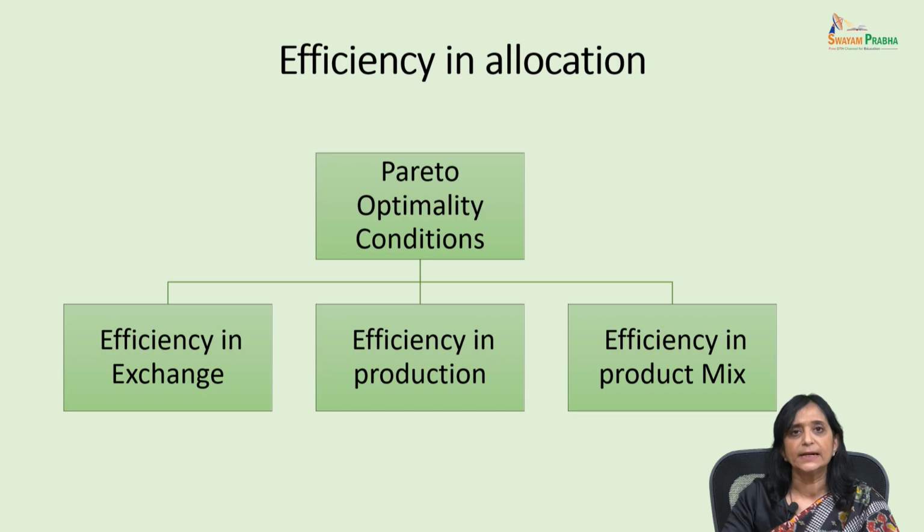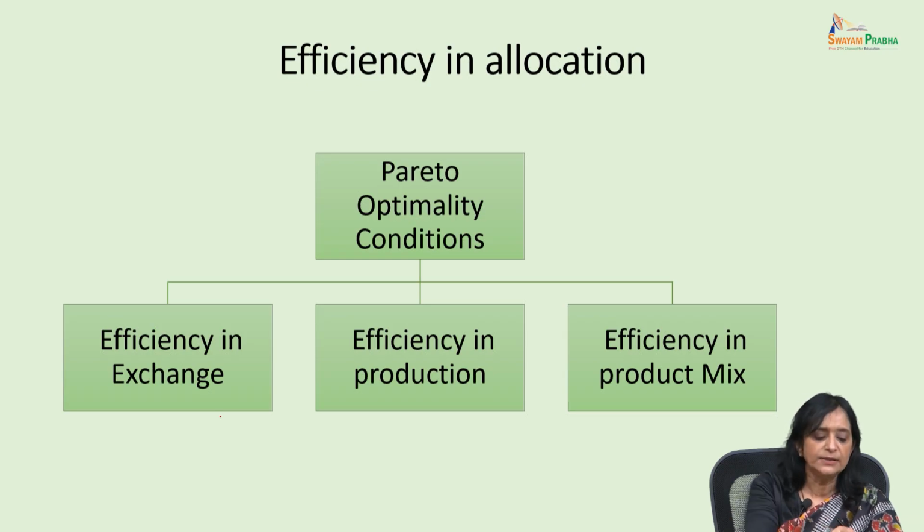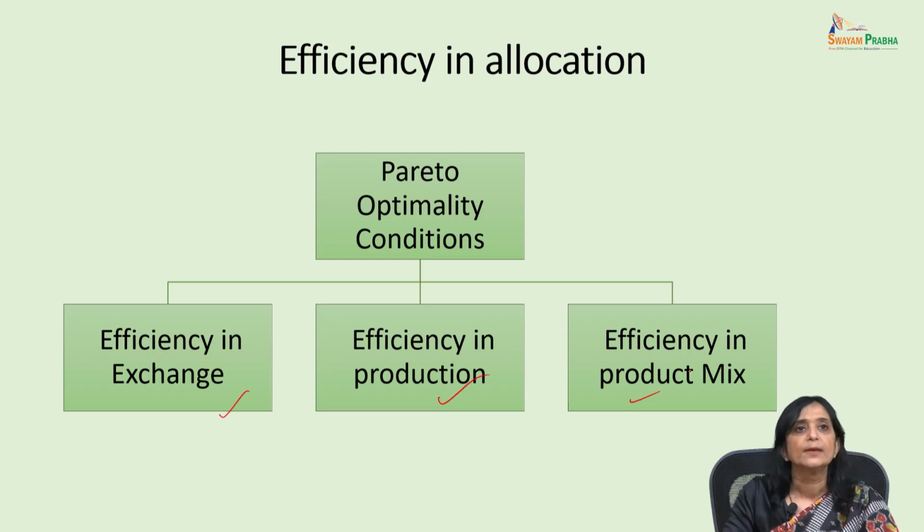Pareto optimality conditions are in three groups. One is efficiency in exchange, which is concerned with efficiency in consumption, wherein we are taking the situation of consumers, let us say consumer A and consumer B, and then we will be understanding their utility from consumption of various goods. Then we have another efficiency, which is efficiency in production.